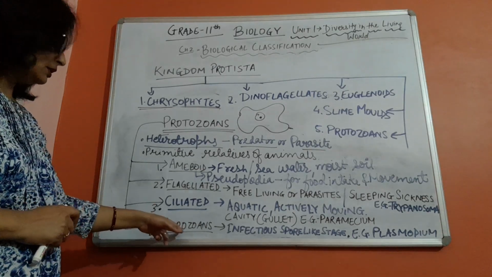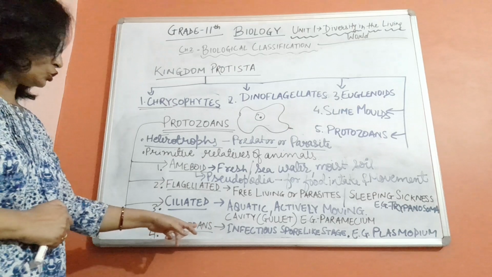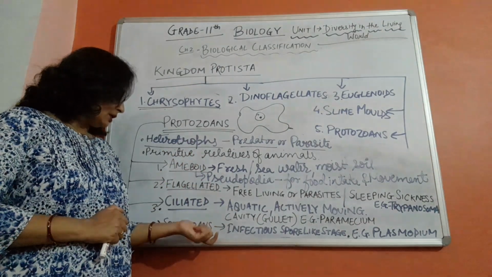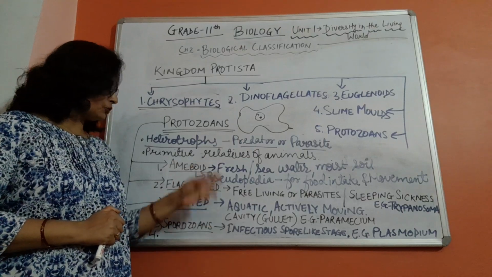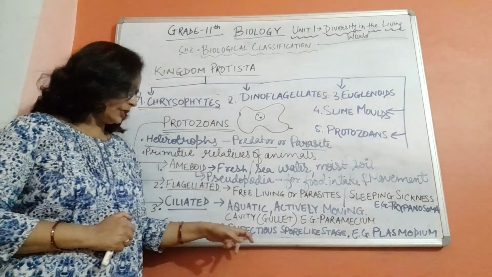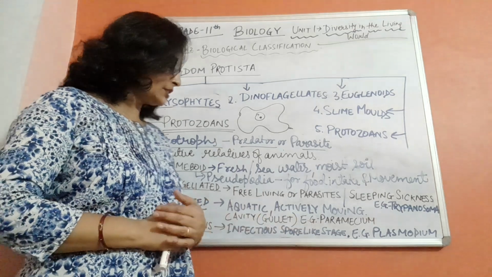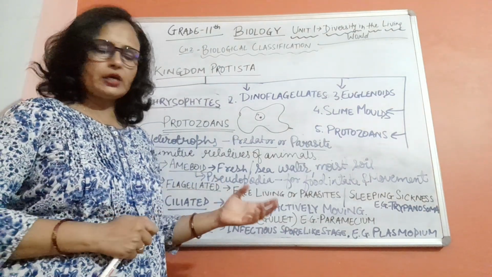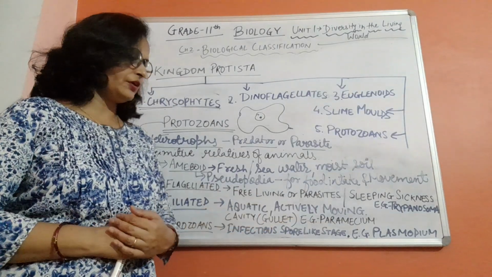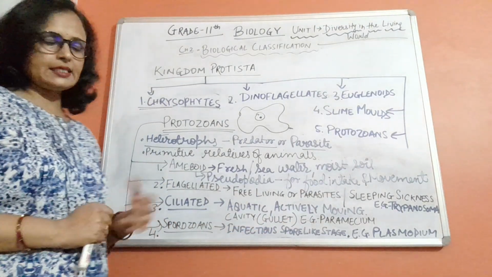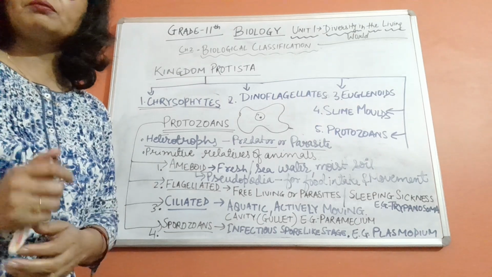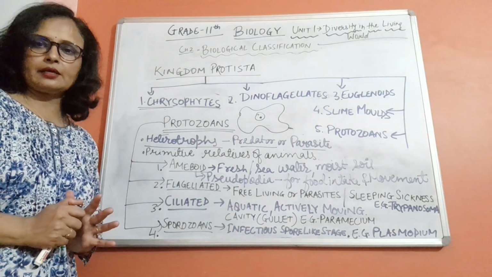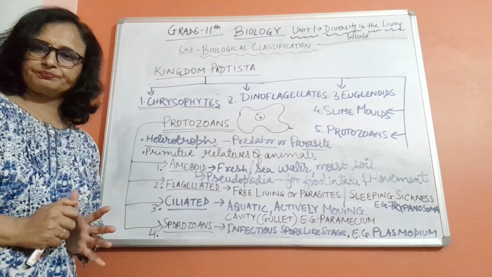Now the last one is Sporozoans, protozoans. Basically in sporozoan kinds of protozoa, they can bear an infectious spore-like stage. In their life cycle, there is a stage which is spore-like, which is very much infectious. And the example is Plasmodium. You might have heard about Plasmodium vivax, the malarial parasite. It causes malaria.